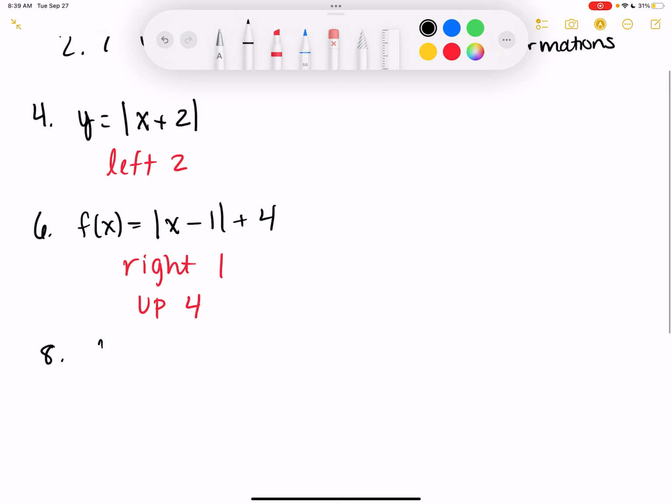8. F of x equals negative 3 times the absolute value of x. What is this one? What happens with the number outside?